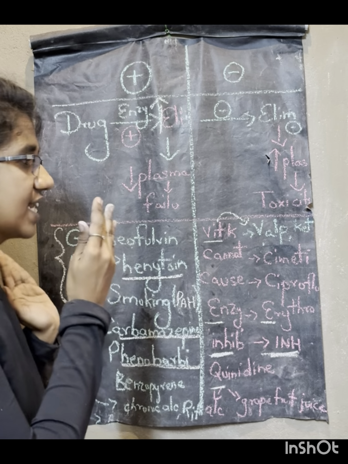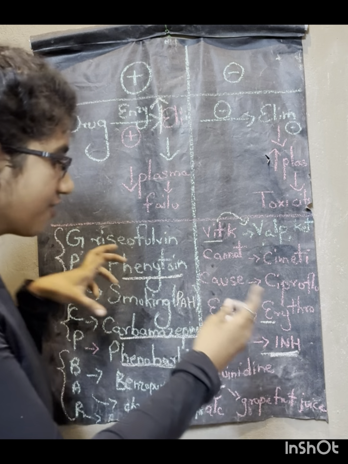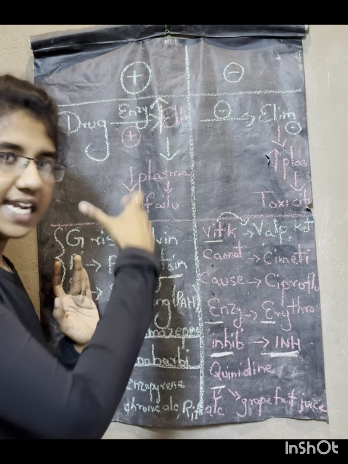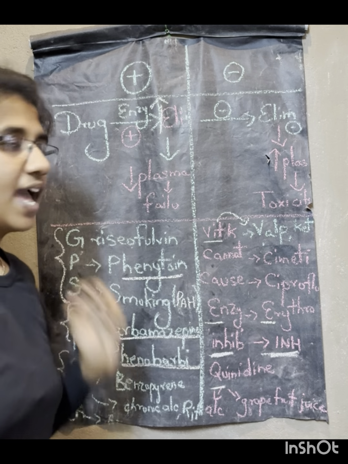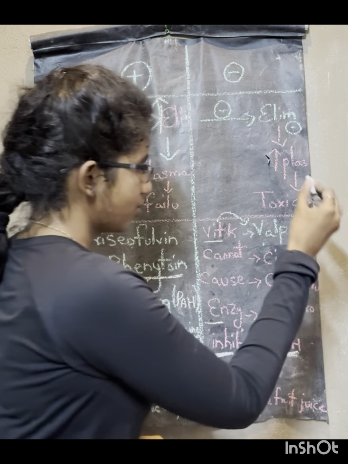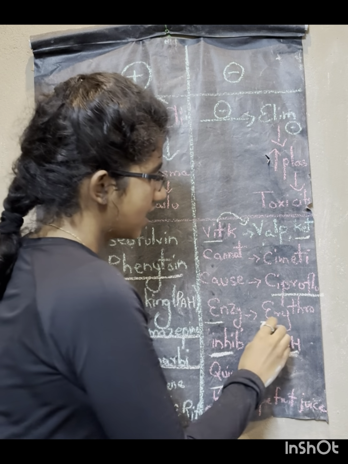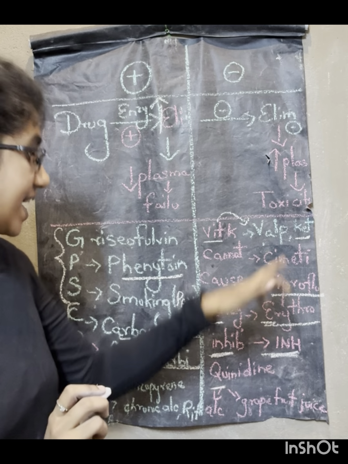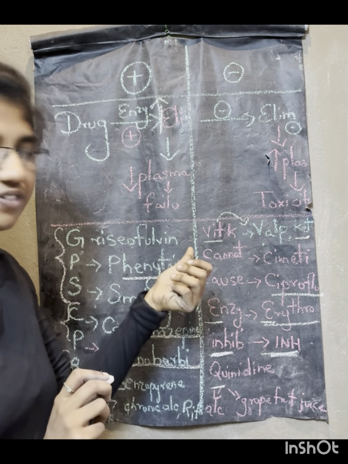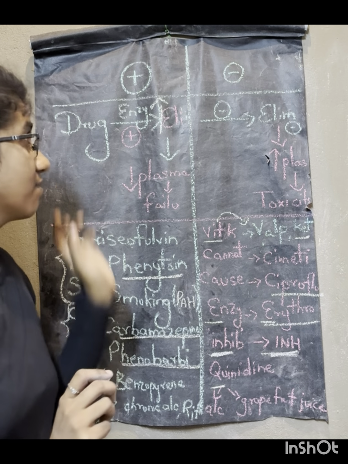So these are enzyme inducers and inhibitors. Most of the anti-epileptics will be enzyme inducers, and most of the antimicrobials will be enzyme inhibitors. See, ketoconazole, ciprofloxacin, erythromycin, so like that. So except griseofulvin, it's an antifungal which is an enzyme inducer.